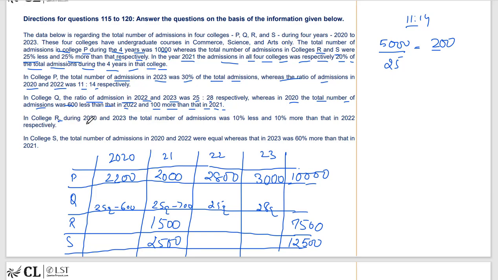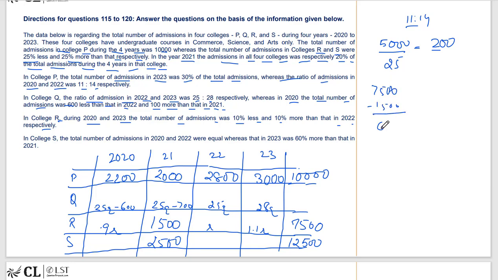In college R, during 2020 and 23, the total number of admissions was 10% less and 10% more than that in 2022 respectively. So if the 2022 figure is R, then 2020 is going to be 0.9R, and 2023 is going to be 1.1R. Now, out of 7,500, 1,500 has already gone to 21.